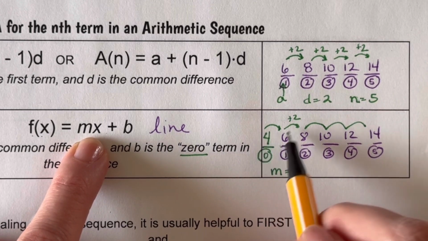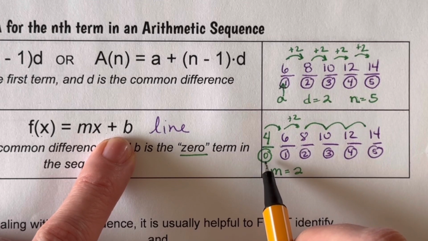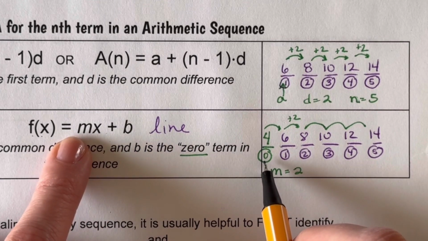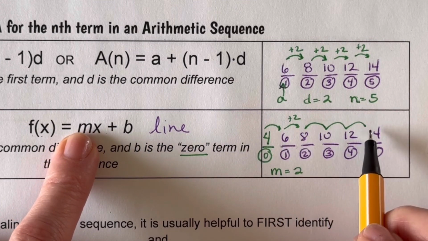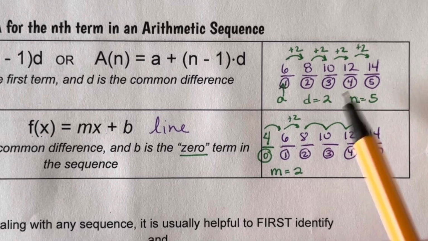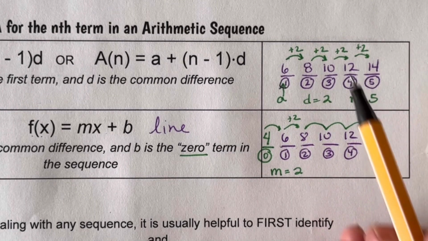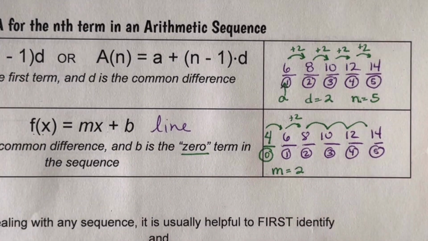But in order to get 5 jumps, I have to start back at the 0 term. So 4 plus 5 jumps of 2 gets me to 14. So these are the same, they're describing the same pattern and you can get to the same place. It's kind of like two sides of the same coin, just a slightly different perspective.